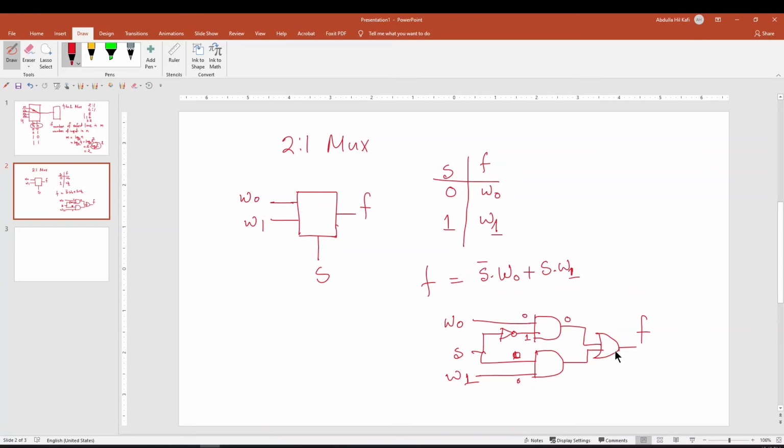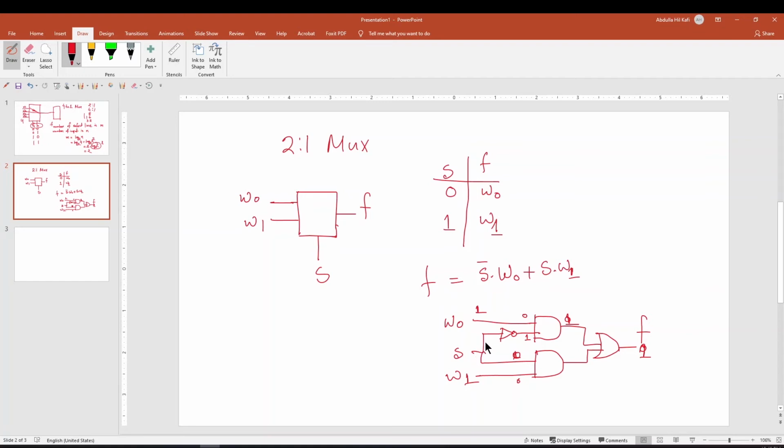And if you change it to 1, then you can see 1 and 1 is 1, so it will become 1.